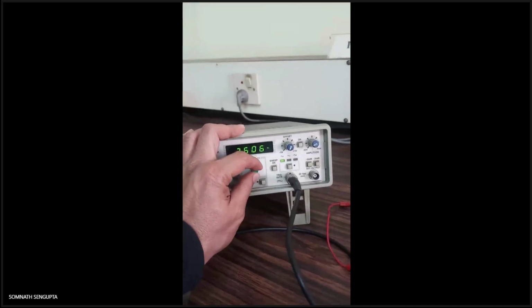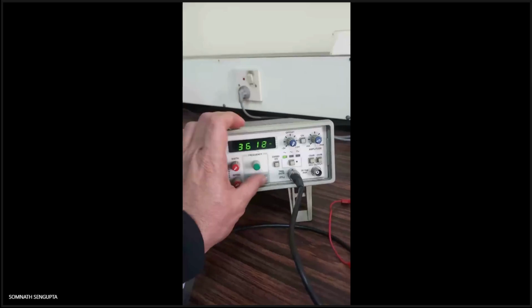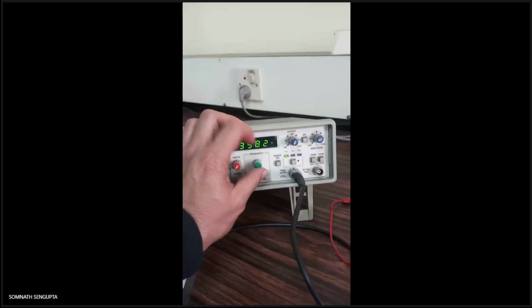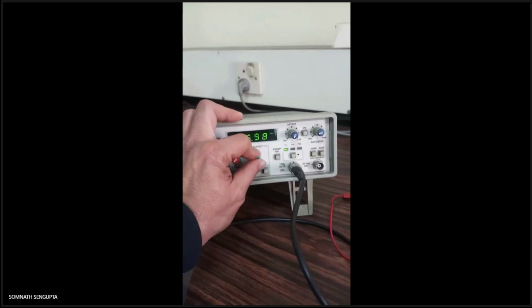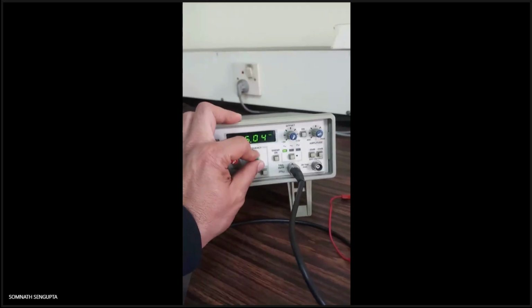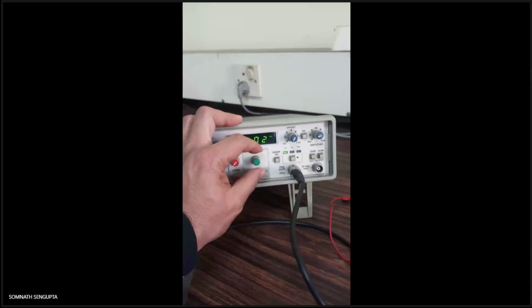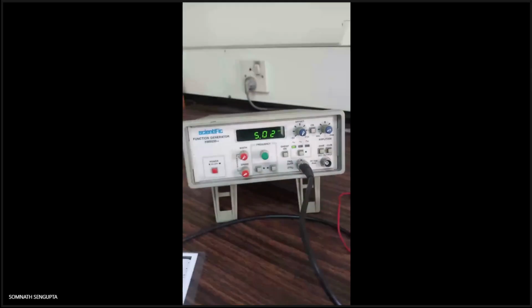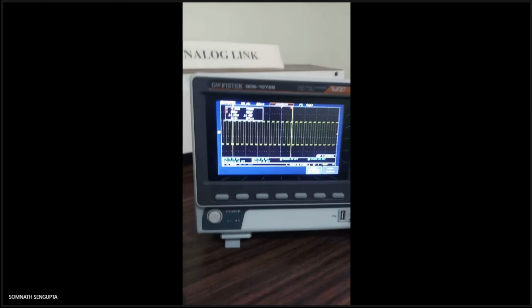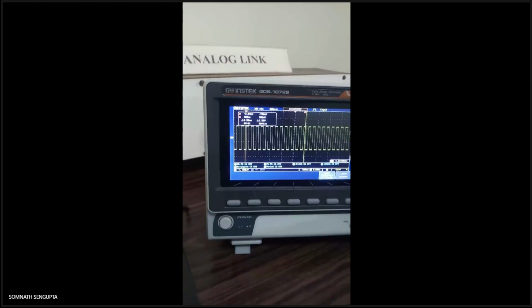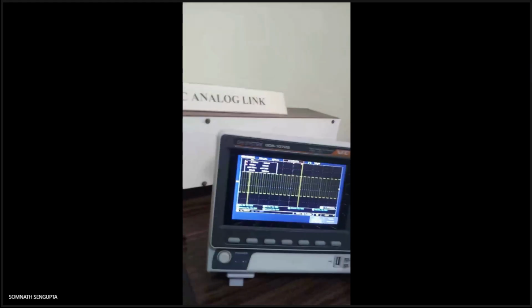Sir, 5 kilohertz. So this 5 kilohertz I have set, and you see the output waveform. Here also we get a 5 kilohertz signal.